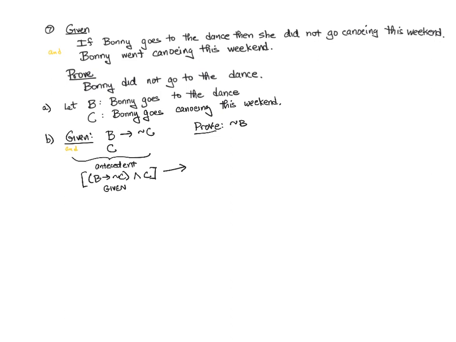And what we want to prove is the consequent, not B. So one way to do this is to show that this is a tautology, which would require a truth table, and that's very doable, actually.